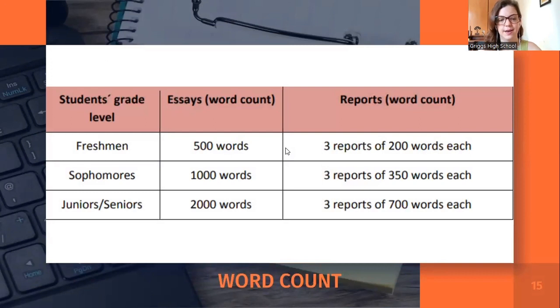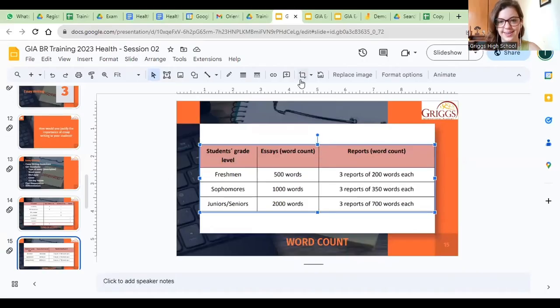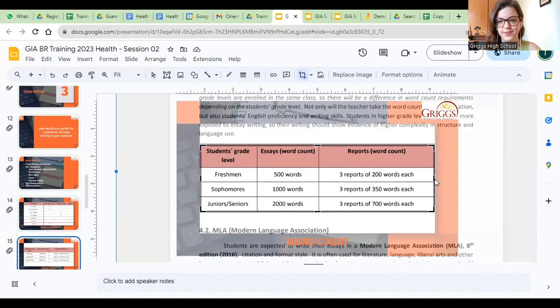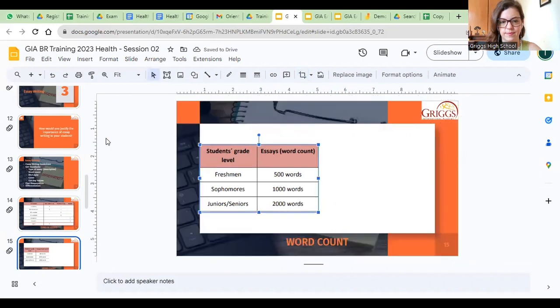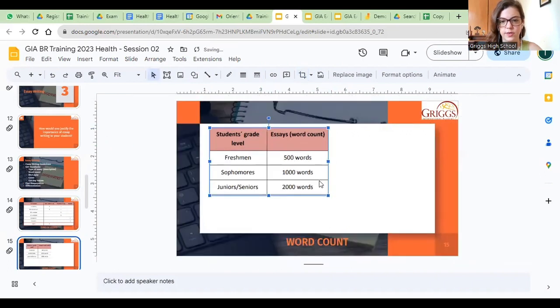And I'm going to change this because it is causing confusion. Word count.